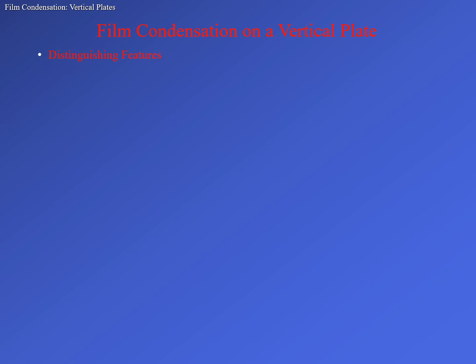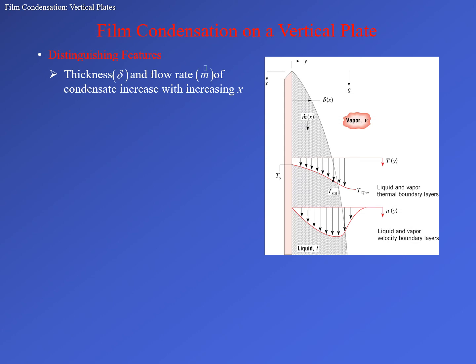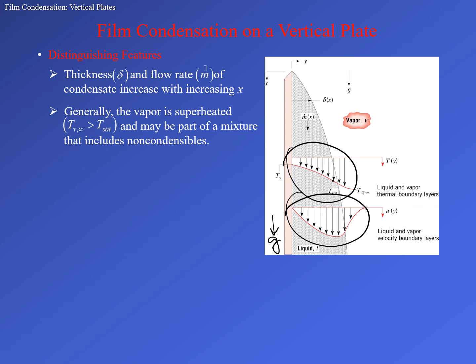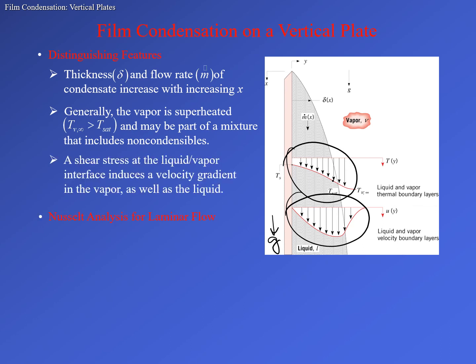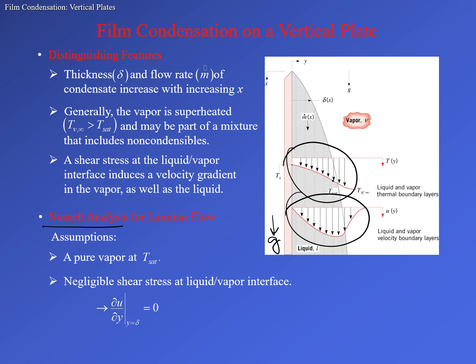Okay, so very quickly going through film condensation on a vertical plate. As we said, we get some sort of a velocity profile because of the presence of gravity, and we also have a temperature profile. I won't go into details of this, but this is for a laminar situation, and we can then solve the momentum and energy equations to calculate the Nusselt number for laminar flow on a vertical plate with a film forming on it.